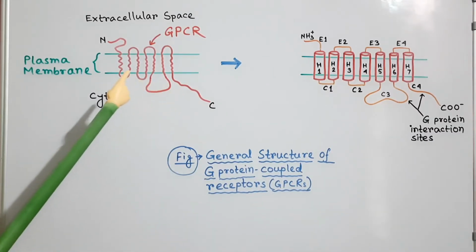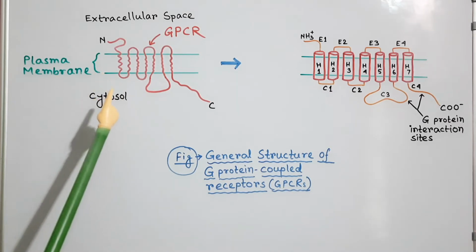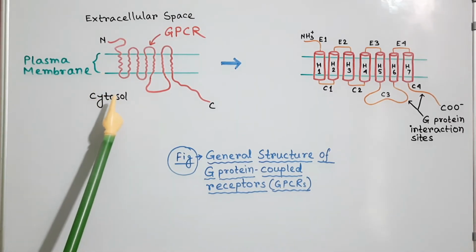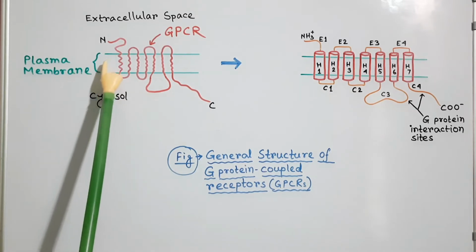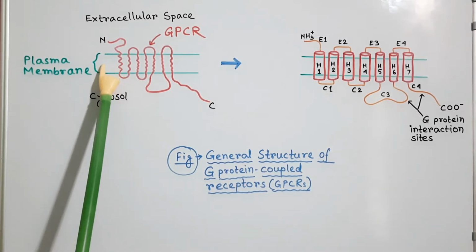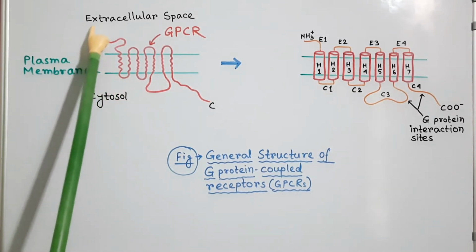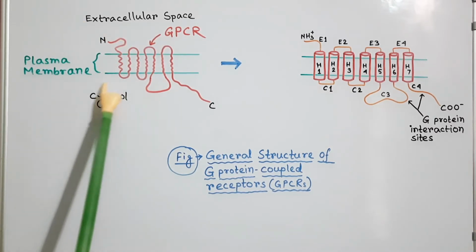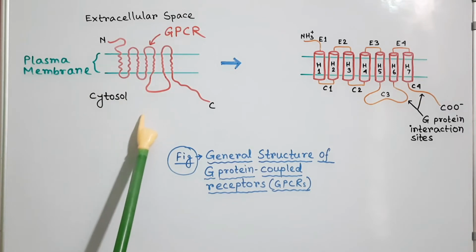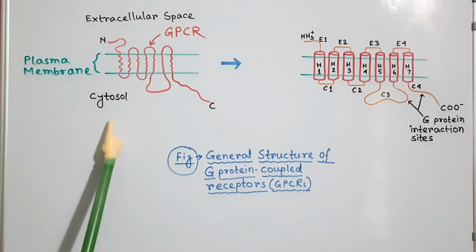Here, I have drawn the diagrams to see the general structure of G protein coupled receptors. This is the plasma membrane of the target cell. This is the extracellular side and this is the inner side of the cell or cytosol.